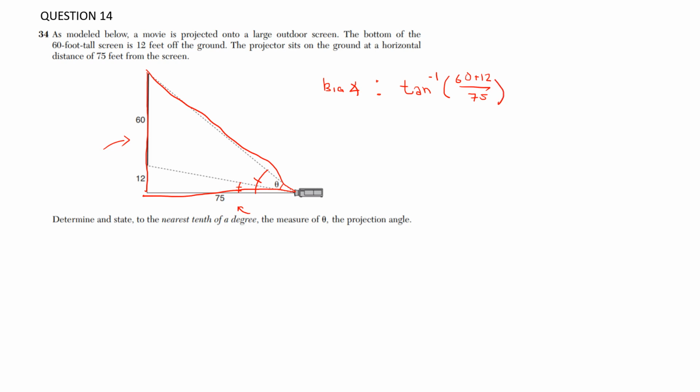And make sure you're in degrees, because this question asks us to do degrees. Or if you were to do radians, perhaps, then, of course, at the end, convert to degrees. But in this case, we get an angle of 43.83 degrees.